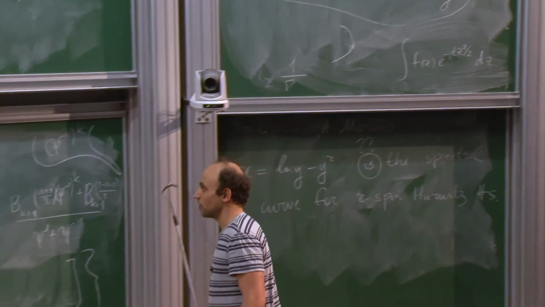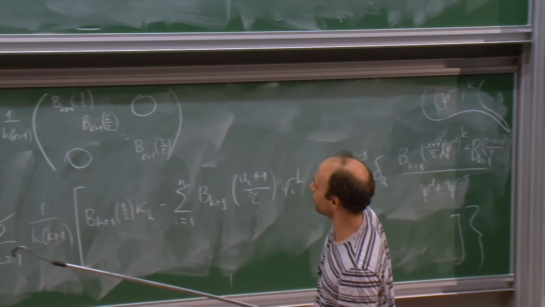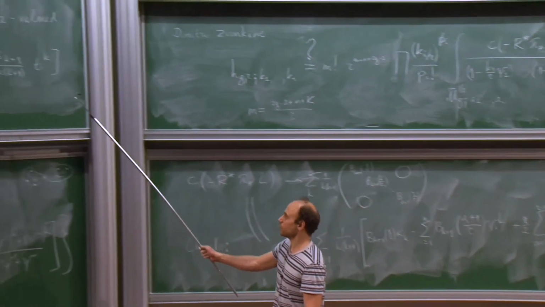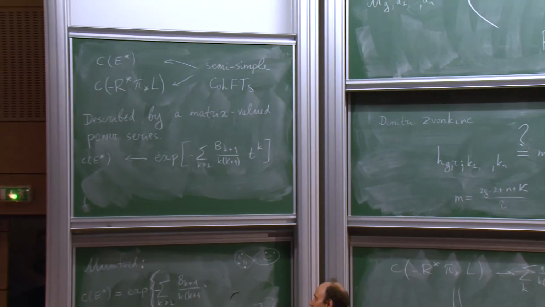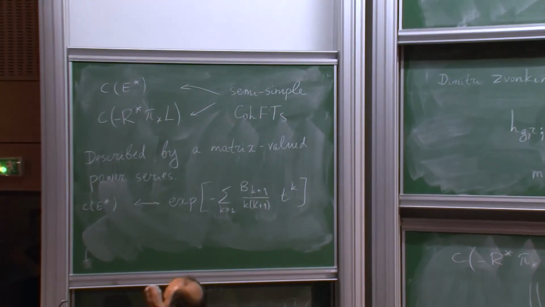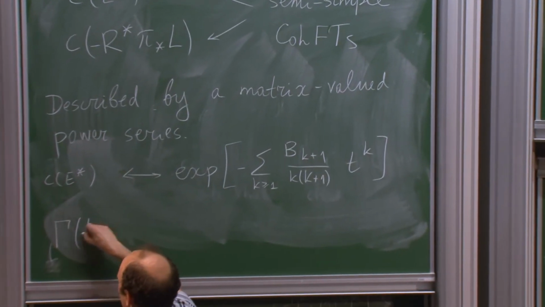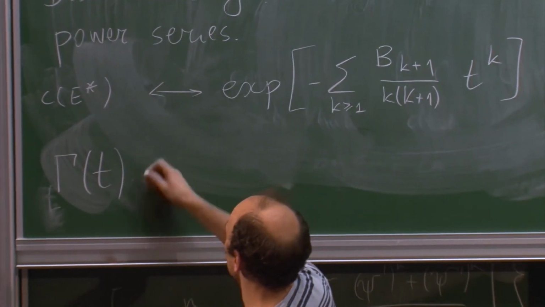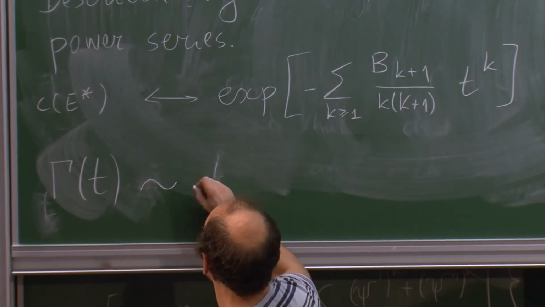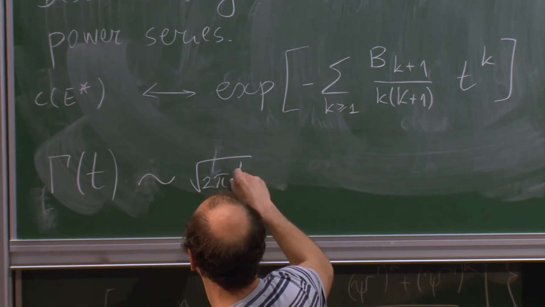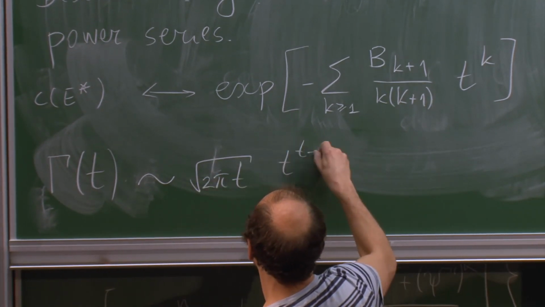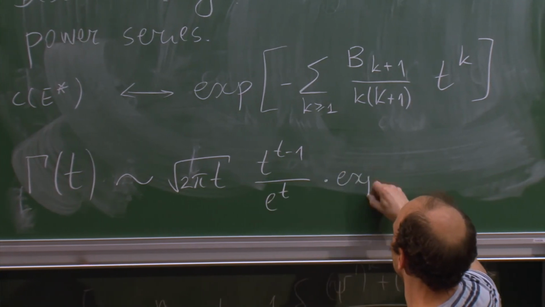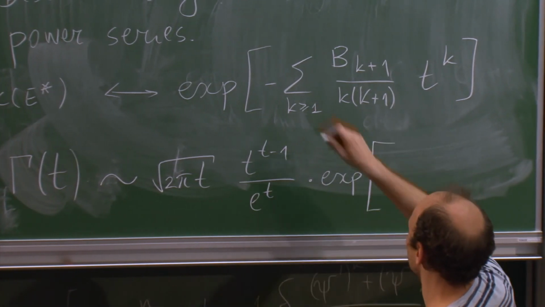I don't know if you know that, but these power series, both these and this here, are actually asymptotic expansions of the gamma function. The Stirling formula, exactly. The Stirling formula is the leading term. Gamma of t is equivalent to the square root of 2 pi t, t to the power t minus 1, e to the t, times the exponential of this thing, but with a plus sign.